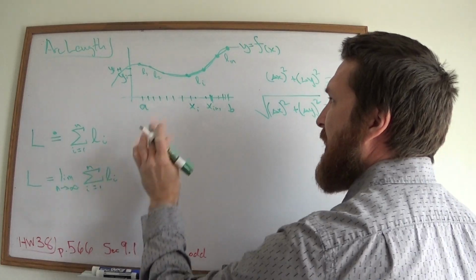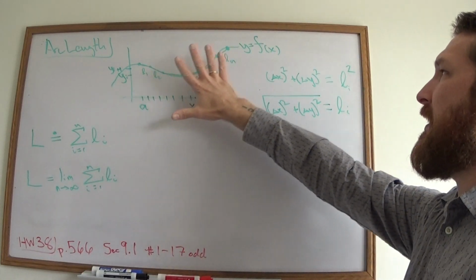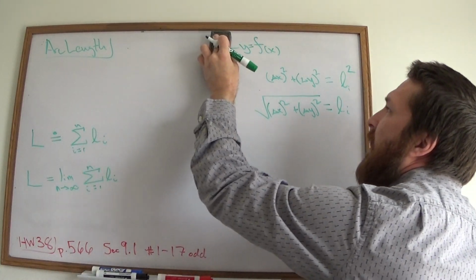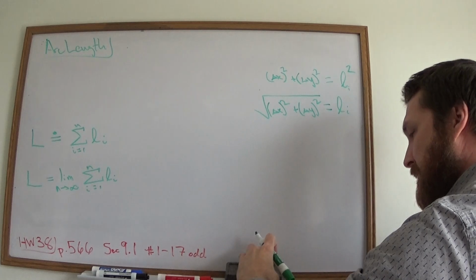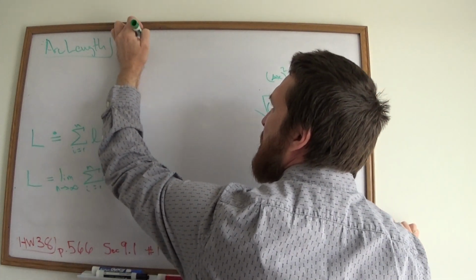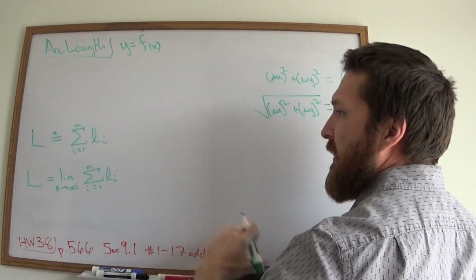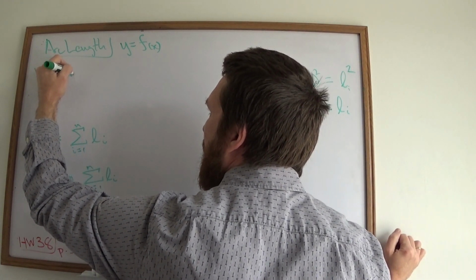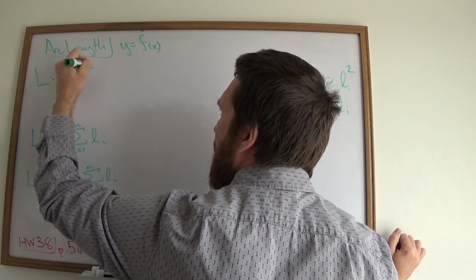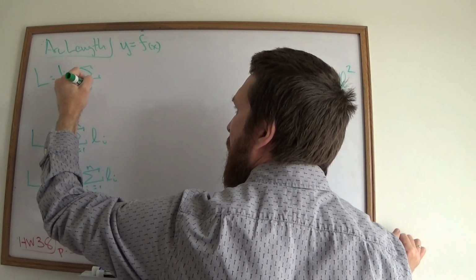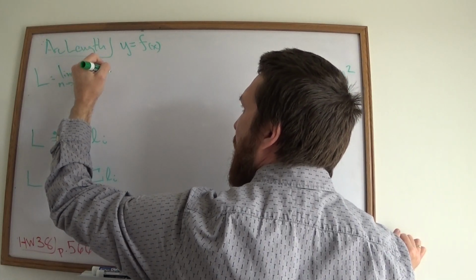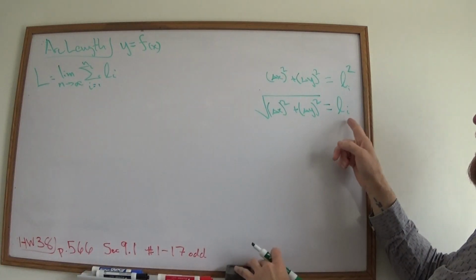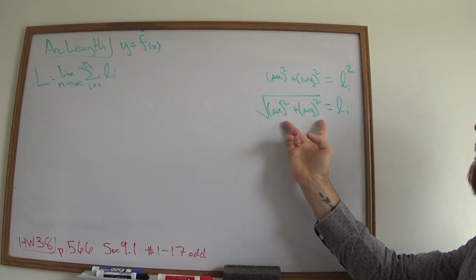Okay, everybody got this picture in their head? This is the thing we're dealing with. I want to get rid of that, and I still want this up there: y is equal to f of x for some function. And we have this definition: L is equal to the limit as n goes to infinity of the sum, i goes from 1 to n, of the L sub i's. But now we have found that each of those individual L sub i's is equal to this.